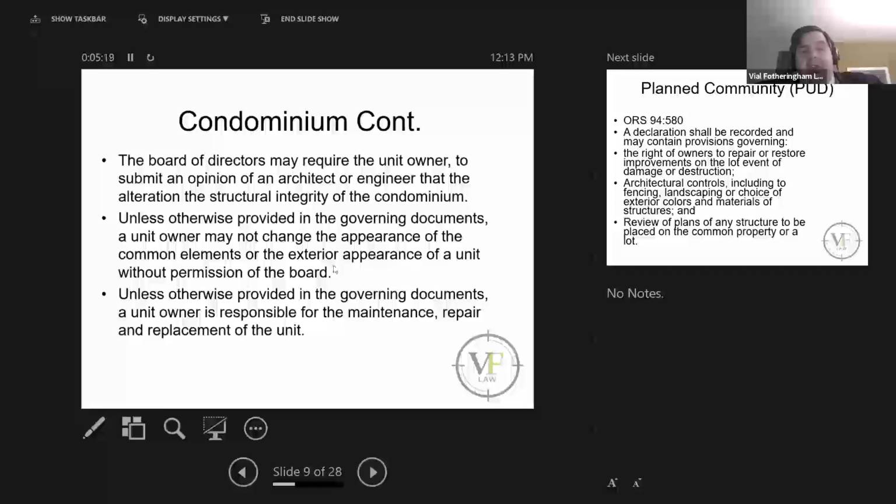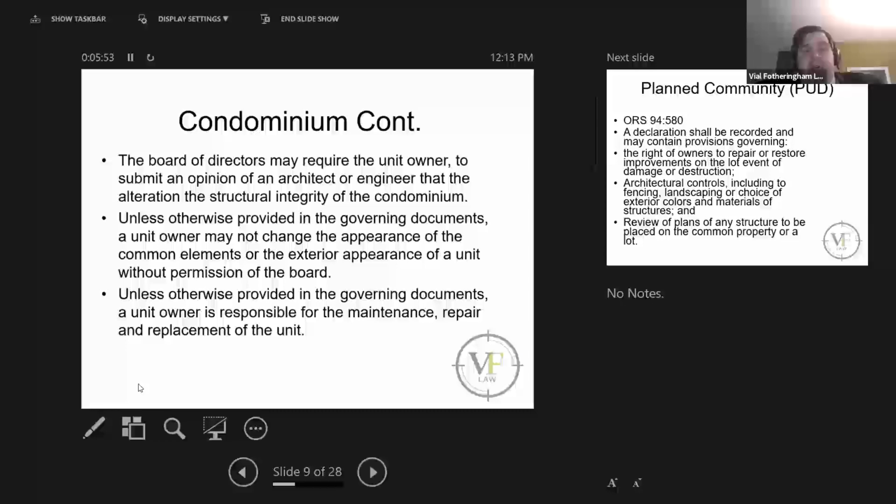And then lastly, the last bullet point, again, deferring to the governing documents first, but it says that if a unit has to be maintained or repaired or replaced, that's the responsibility of the unit owner, not the HOA. Now that just as an aside here, we're not here talking about insurance, but insurance is a different beast. This is your garden variety maintenance, repair, and replacement of items inside the unit that it's talking about here.